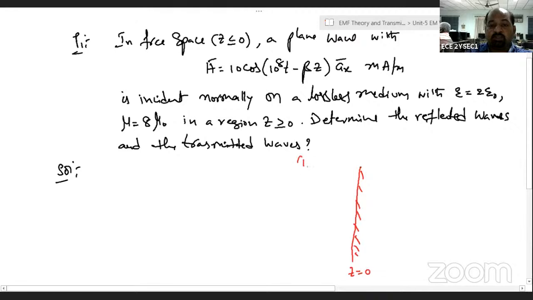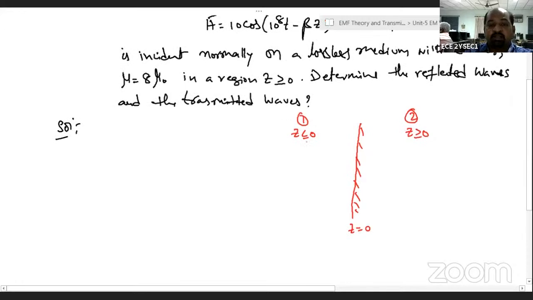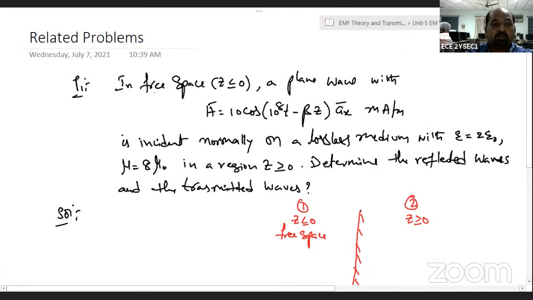This is region 1, z less than or equal to 0, and this is region 2, z greater than or equal to 0. What is region 1? Region 1 is free space, as given in the problem.